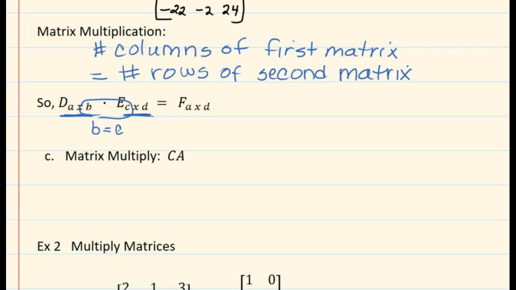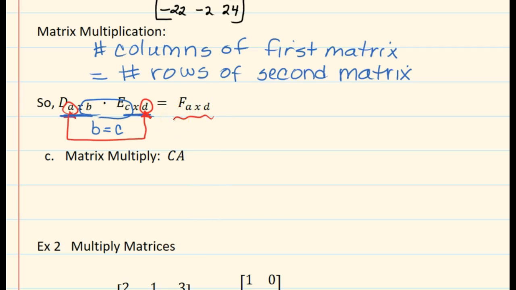If they're not the same, then we cannot do matrix multiplication. If these two do equal each other, then my answer will have the dimensions of the outside numbers. It would have the number of rows of the first matrix and the number of columns of the second matrix. So that's what it's showing you here.